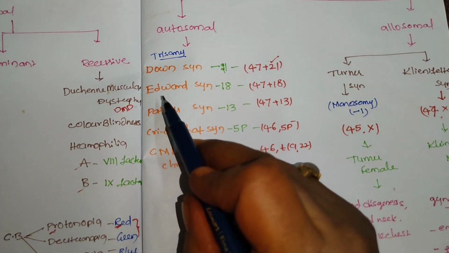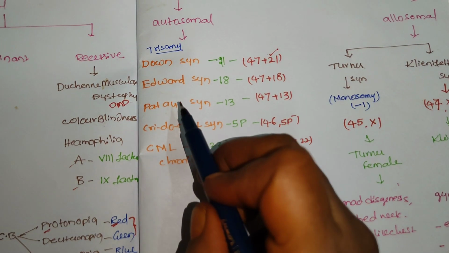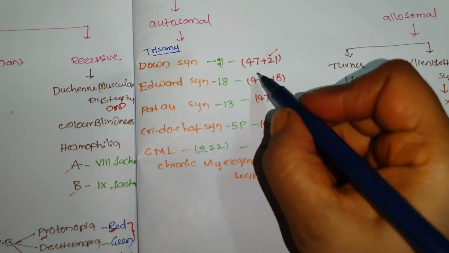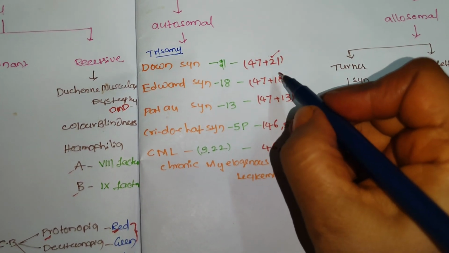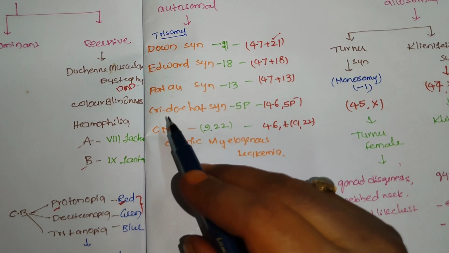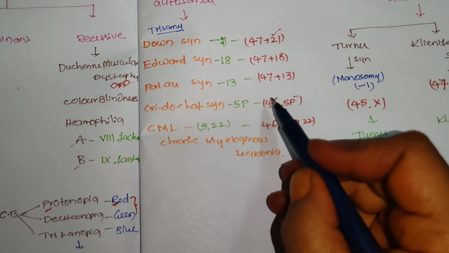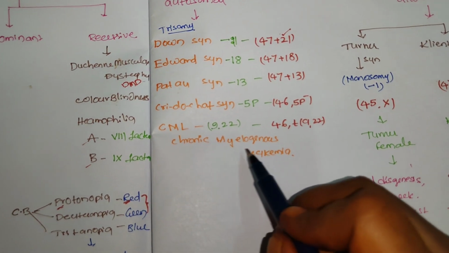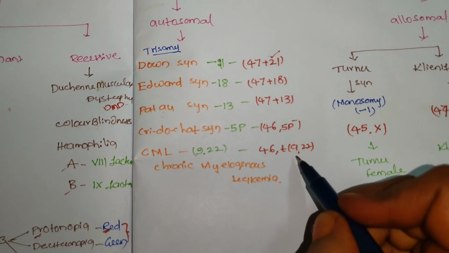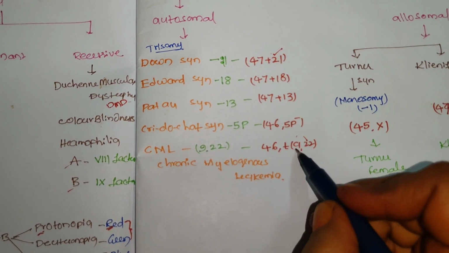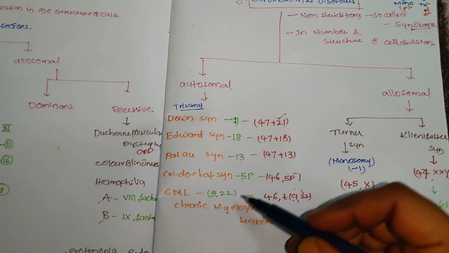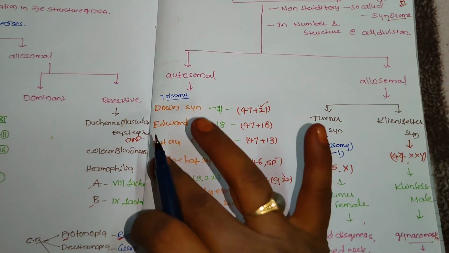So remember Edwards, 18, 47 plus 18, meaning we actually have 46 and the extra chromosome is the 18th. Patau syndrome, chromosome 13. Cri-du-chat, partial deletion of 5p. Chronic myelogenous leukemia, CML, is the translocation of chromosomes 9 and 22. These are autosomal. You have to remember the chromosome number and the karyotype of the syndromes.